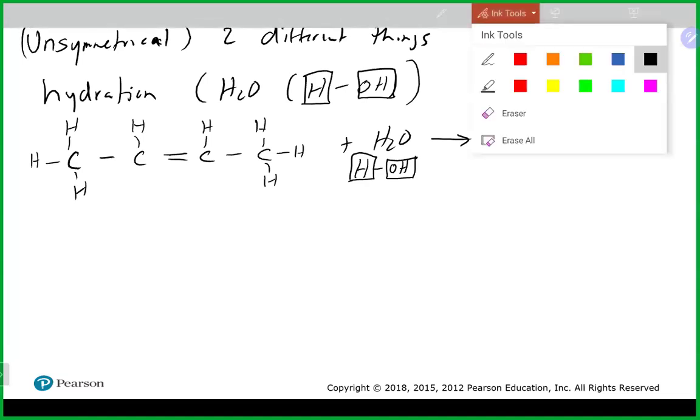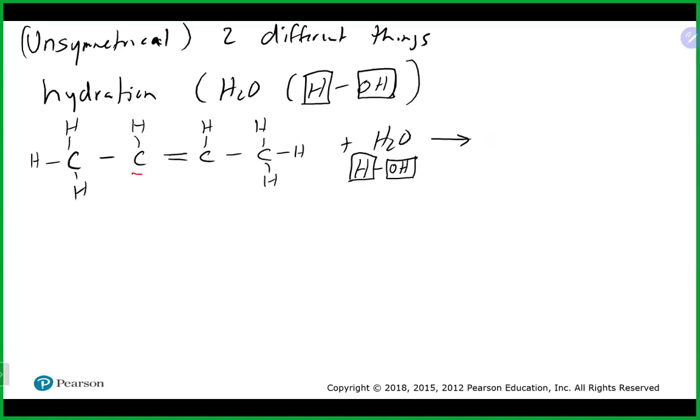We're still going to focus only on the double bond here. Just like we did previously, we're going to turn this double bond into a single bond to leave room for it. In this case, we will start with just redrawing it, going a little bit lower so I don't run out of room, turning my double bond into a single bond, and everything else is going to be the same.